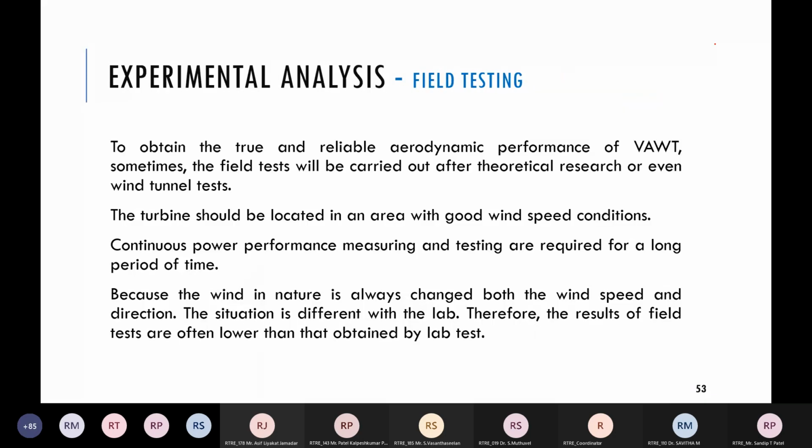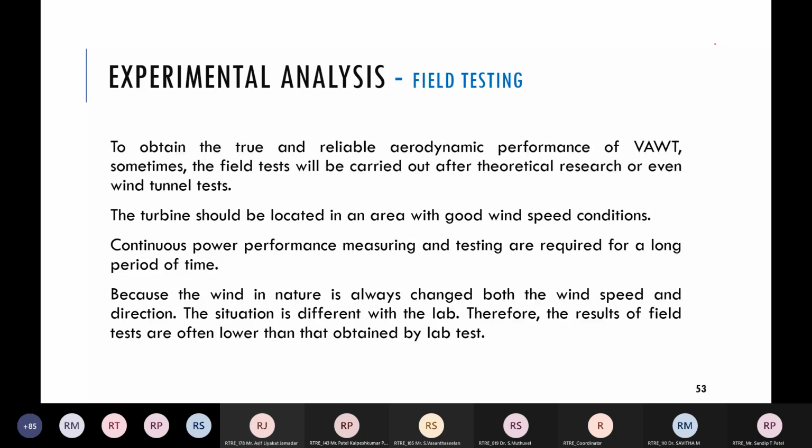The last thing we do experimentally is called field testing. Generally, when you are commercializing the turbine, this is important. It is essential, and it gives you reliable aerodynamic as well as structural performance, right? And it is always done after theoretical or wind tunnel analysis.